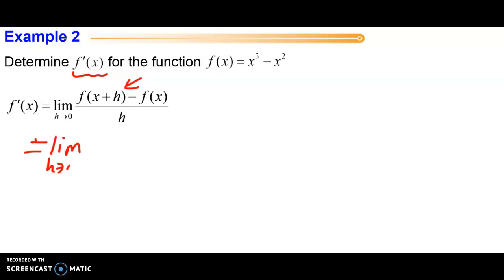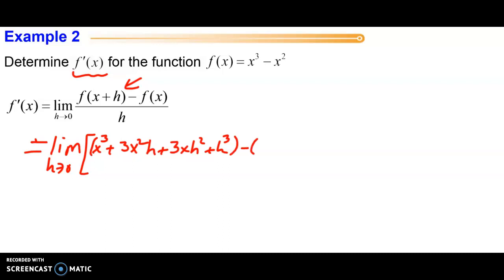I'm going to get the limit as h approaches 0, and I'm going to substitute all those terms in my numerator. So we said it was x cubed, 3x squared h, 3xh squared plus h cubed. Put brackets around that.